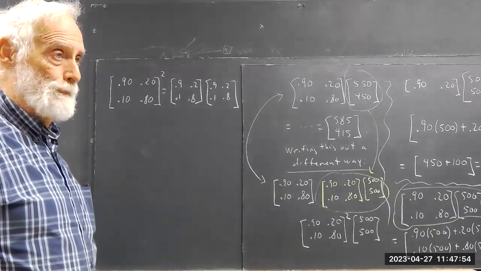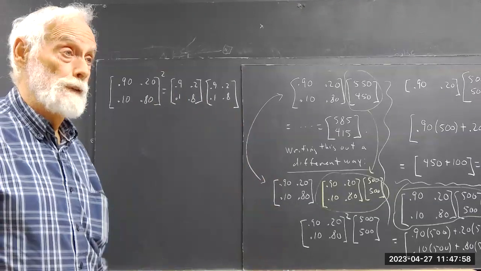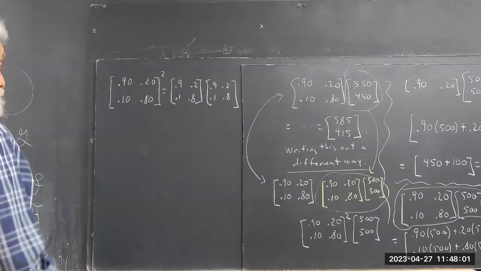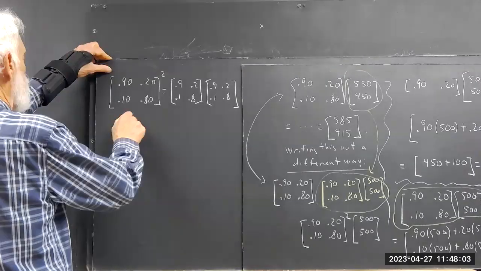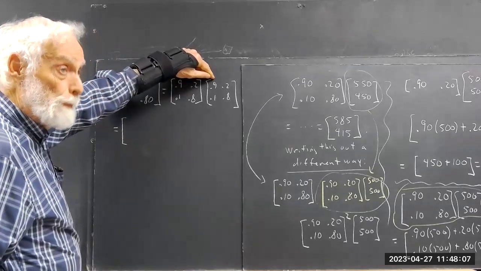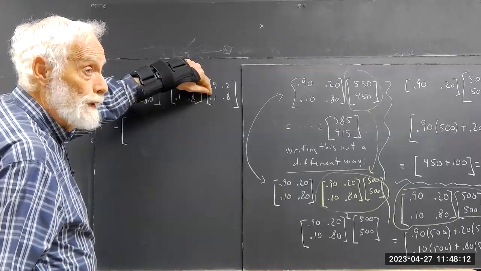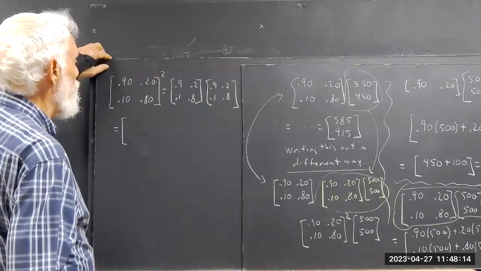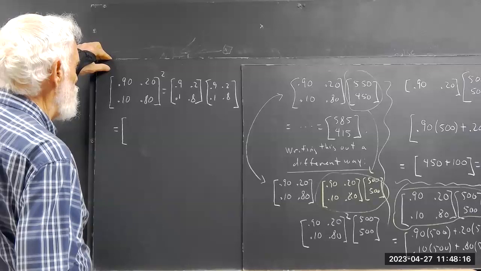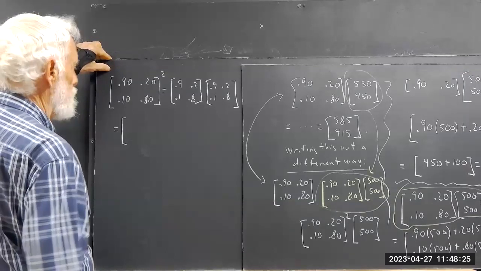Okay. Now you just learned how to multiply matrices. So you take my word for it. Well, 0.9 times 0.9 is 0.81. 0.1 times 0.1 is 0.01. Wrong.